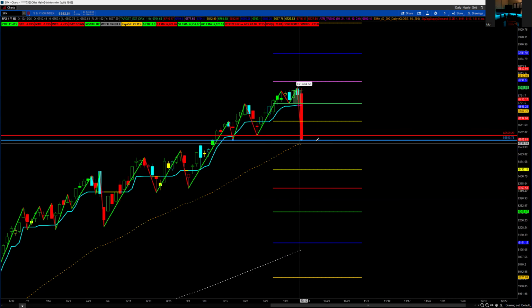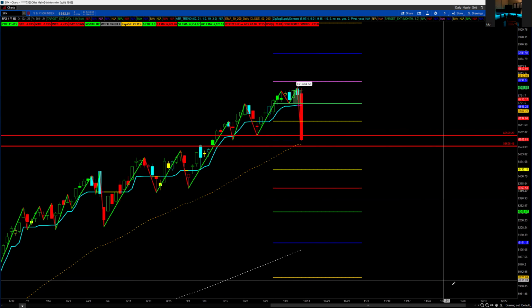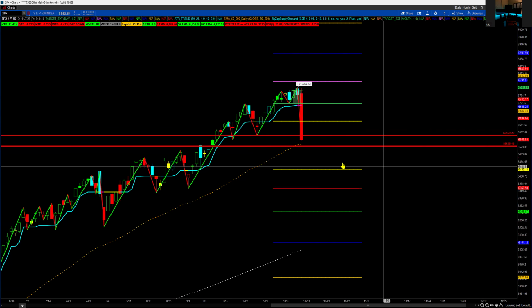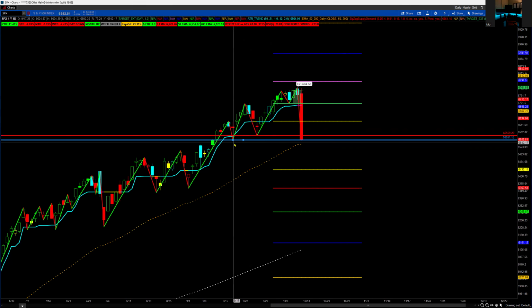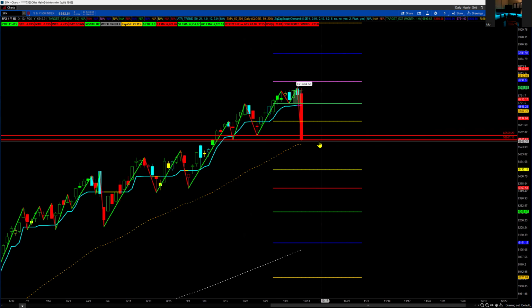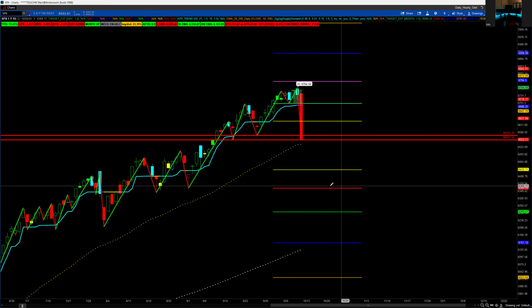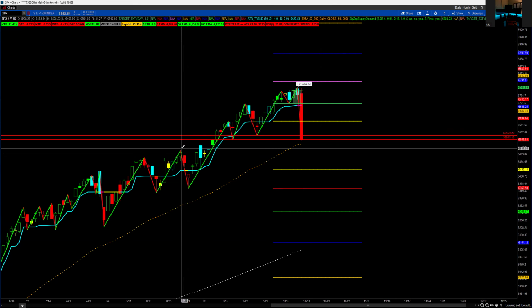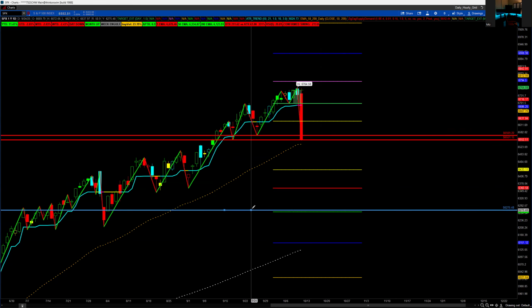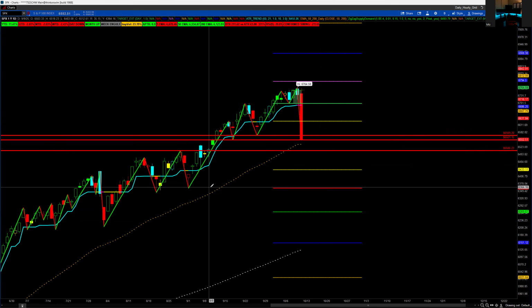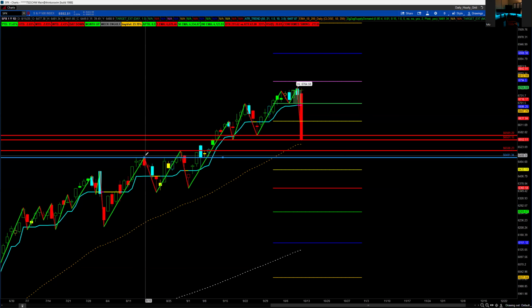That's your zone right there. Right there to this low. You can just draw the next one down here, here. That's the second zone.